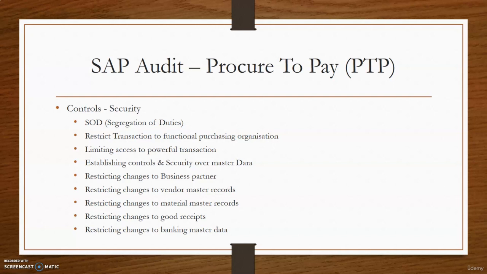Then creation of PO and approval of PO, approval of PO and receipt of goods against those POs, maintain vendor master data and reconciliation account, maintain vendor master data and maintain vendor payments, and maintain vendor payments versus process goods receipt, create or maintain PO versus process goods receipt, maintain vendor master data or material data with process goods receipt, or create vendor payments and approve purchasing documents.